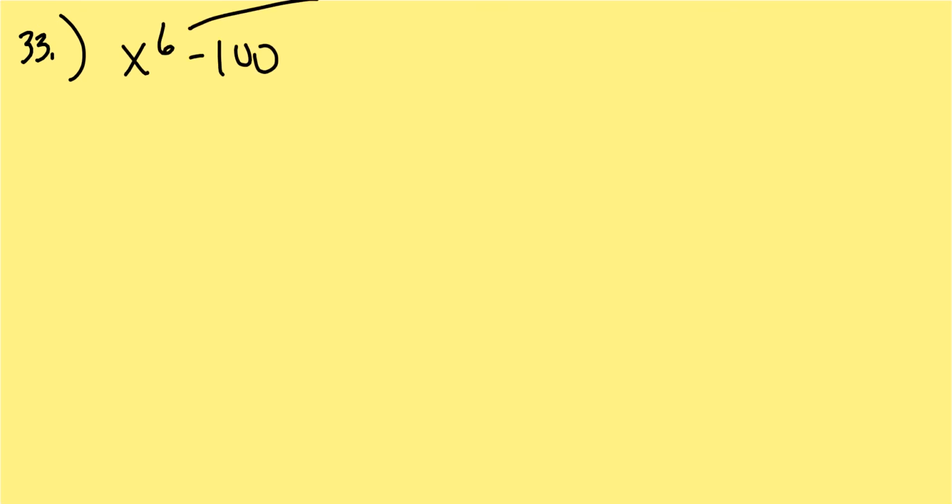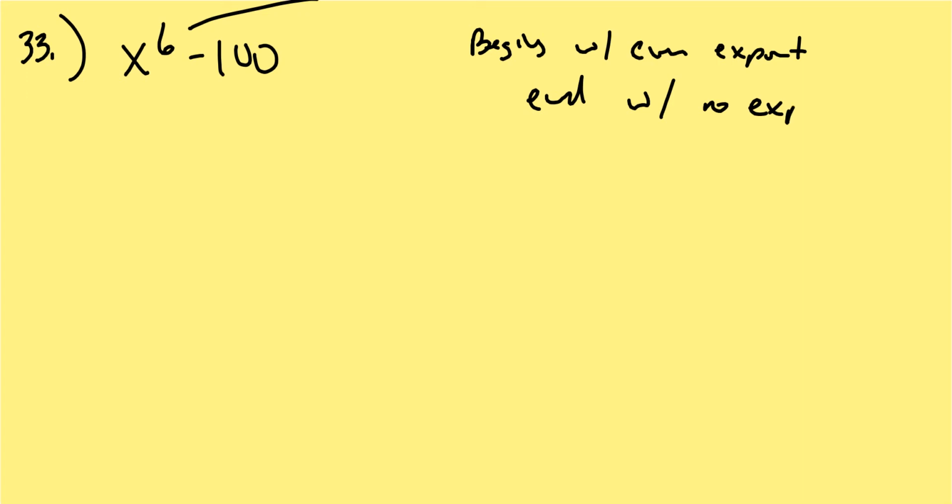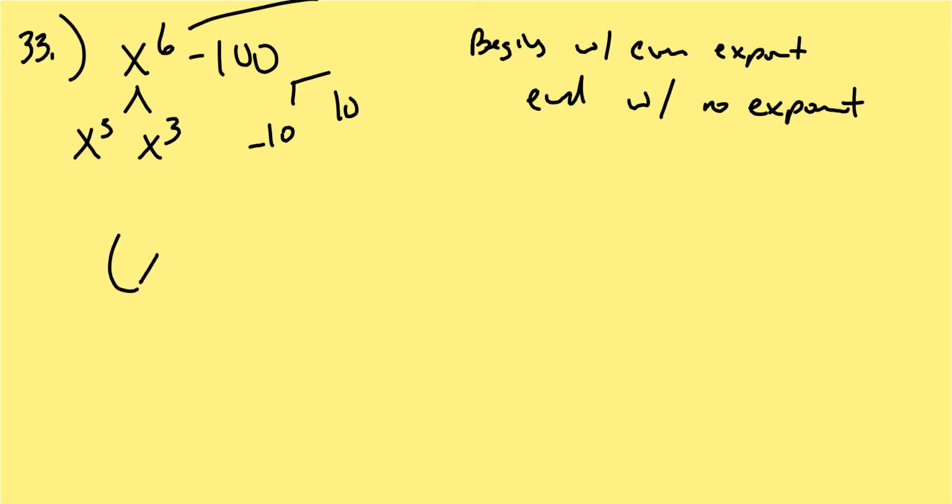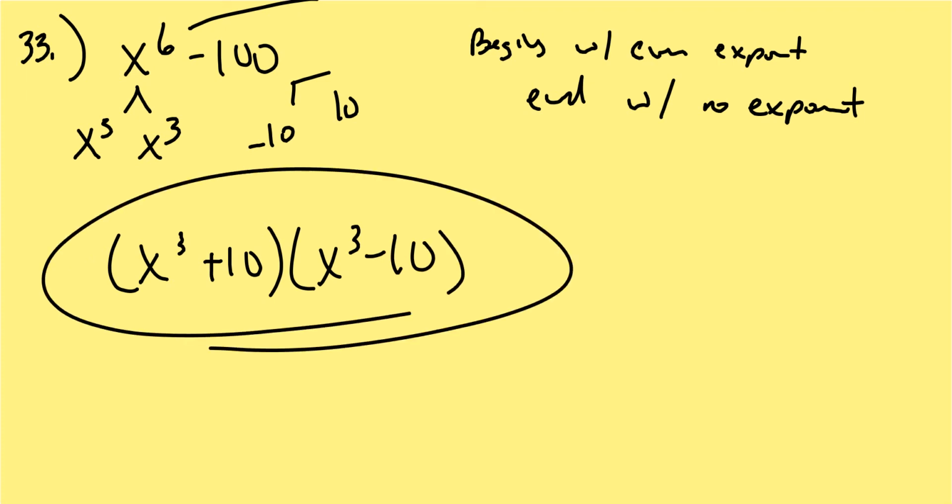It begins with an even exponent, ends with no exponent, and there's no middle. So all you do is say, how do I get x to the 6? X cubed, x cubed. How do I get 100? 10 and 10, but one of them is negative. Remember, it can't have a middle. So I put x cubed plus 10, x cubed minus 10, or think of perfect squares. And that's it. X cubed plus 10, x cubed minus 10.